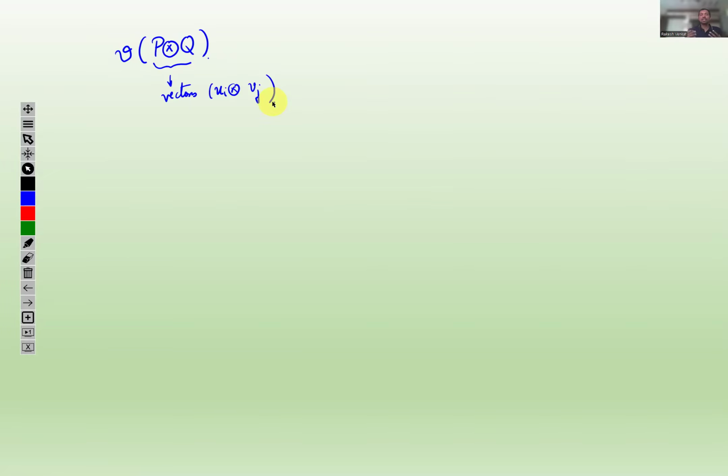There's a natural candidate for choosing the handle vector, which is basically the tensor product of the individual G and H's handle vectors in the optimal orthonormal representation. So using this, what happens?